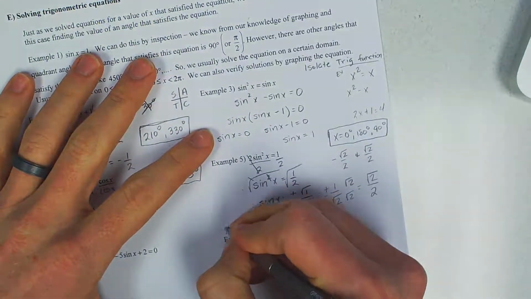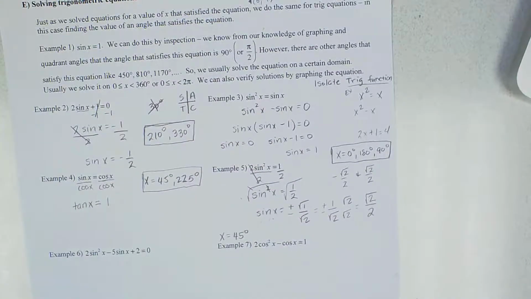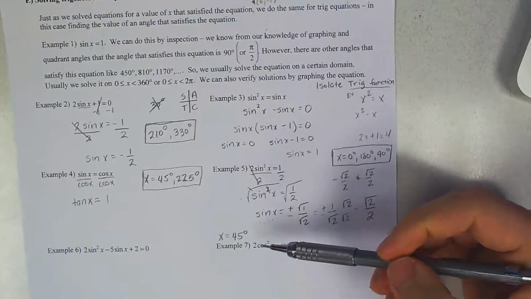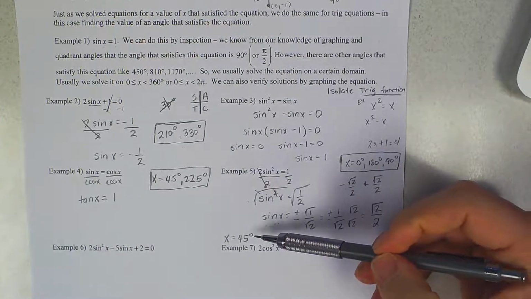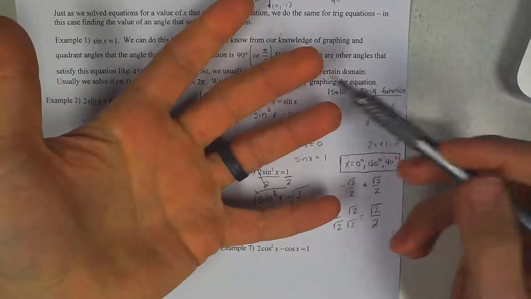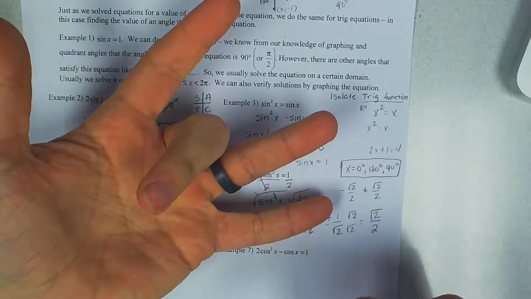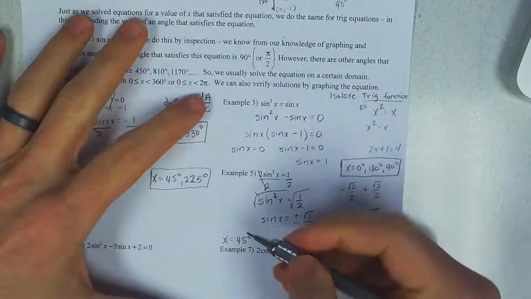So 45 degrees will be one of those. But then think about this. If you go to the second quadrant, that's 135. And 135 is the same as 45, radical 2 over 2. And we know sine is still positive over there, so that's going to work.